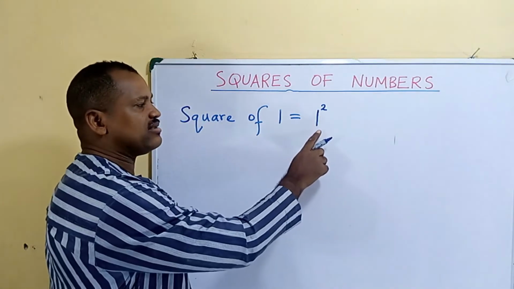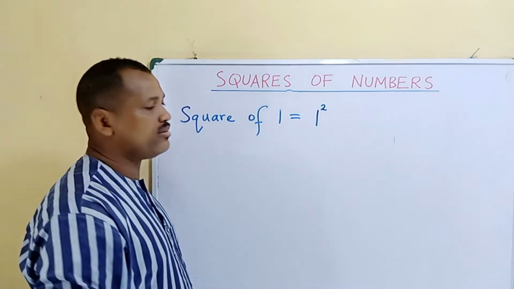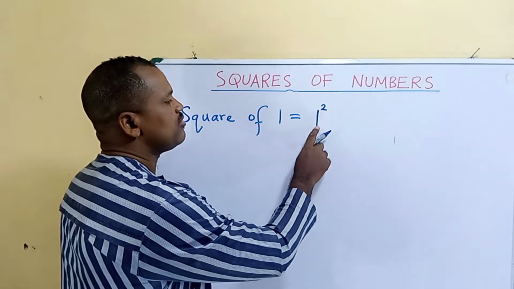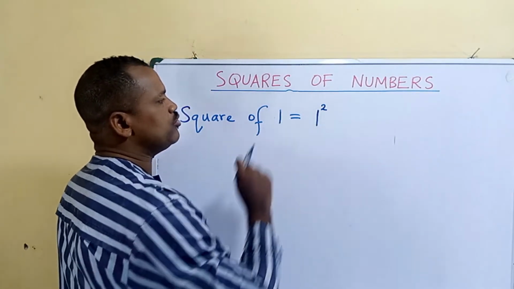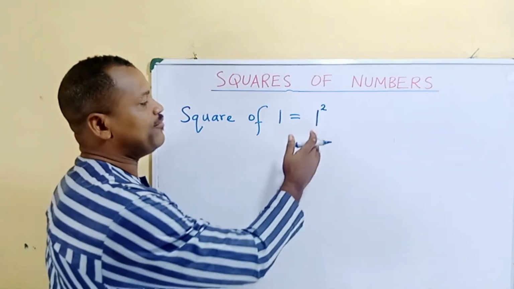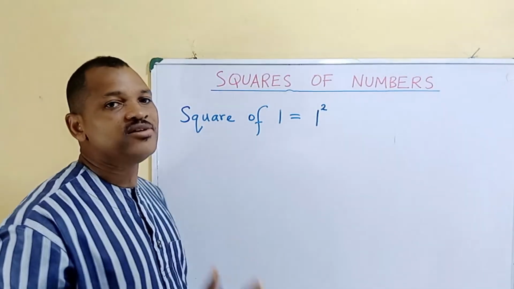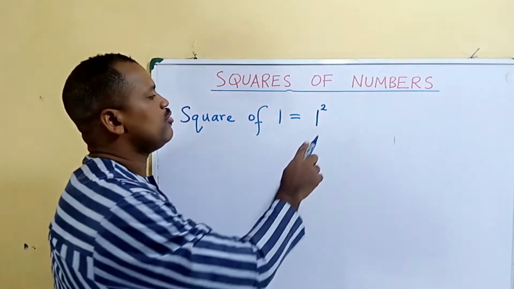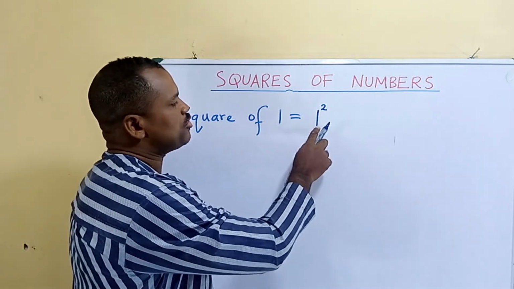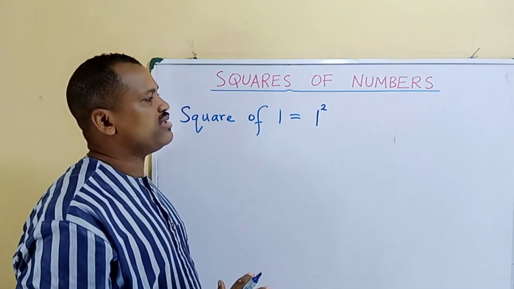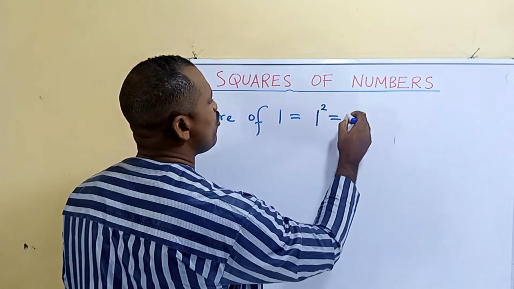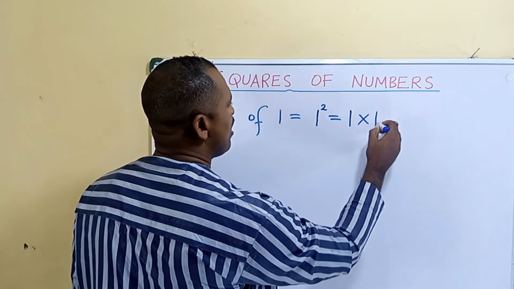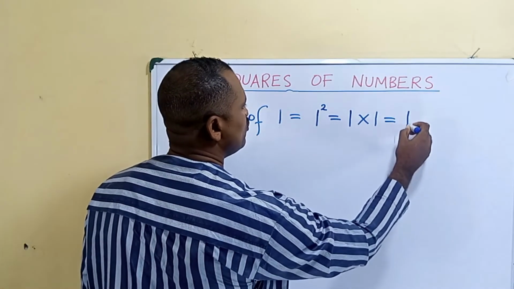This is how to write the square of a number. So this is 1 raised to the power of 2. But the special name for this is 1 square. And this means 1 times 1. And of course, that will give you 1.